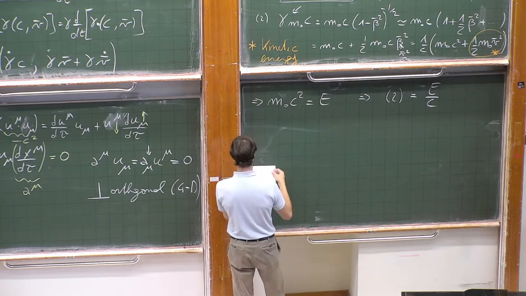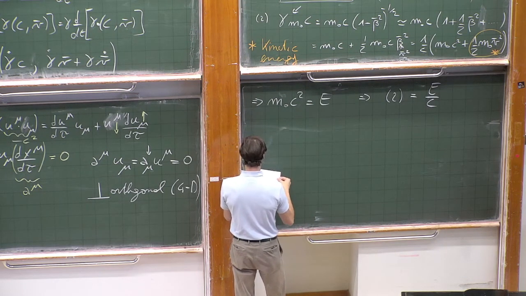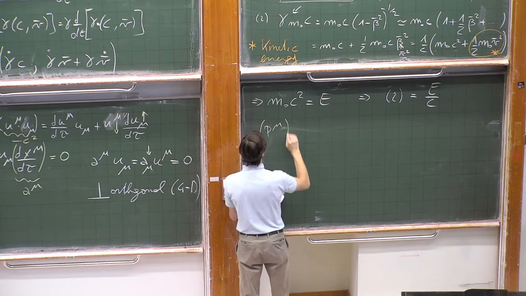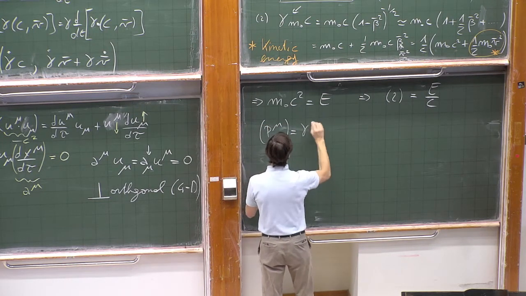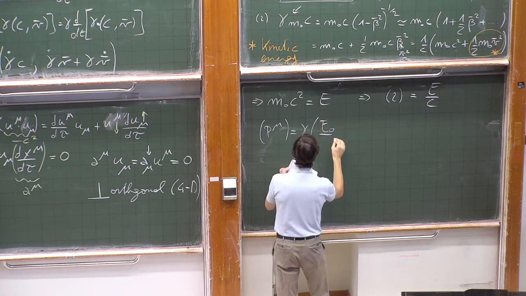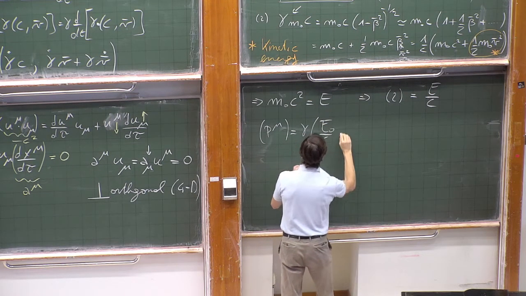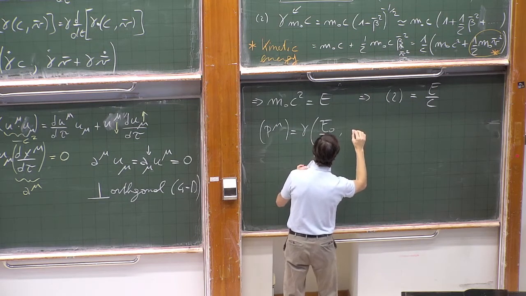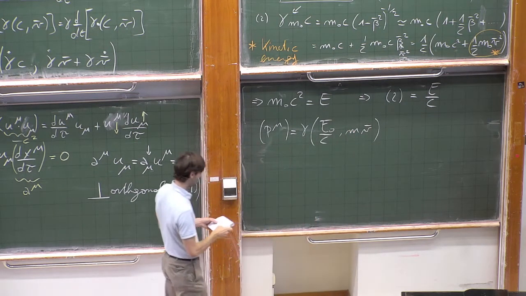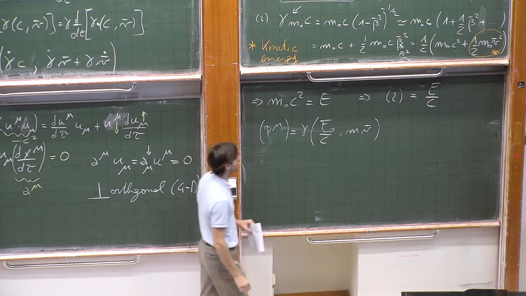The four-momentum P mu is going to be equal to gamma E0 over c, and then we have the standard momentum P. And this is our energy-momentum.